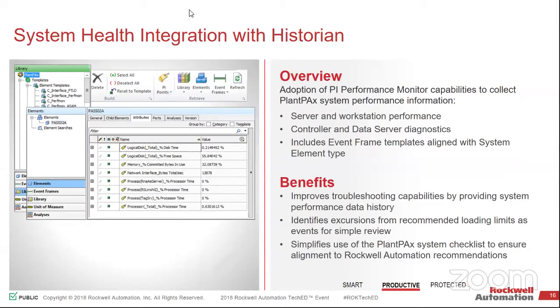On top of that, the new iteration of historian, which is version 5 and version 6 coming out, now takes advantage of what's called Asset Framework. So it's a functionality inside of OSIsoft PI that is native now to Rockwell that allows you to nest the alarms or the tags that would be part of those blocks. So similar to the way that we do the alarming, similar to the way that we do the blocks, if I have a pump, I might have 3 historian points that are associated with that pump.